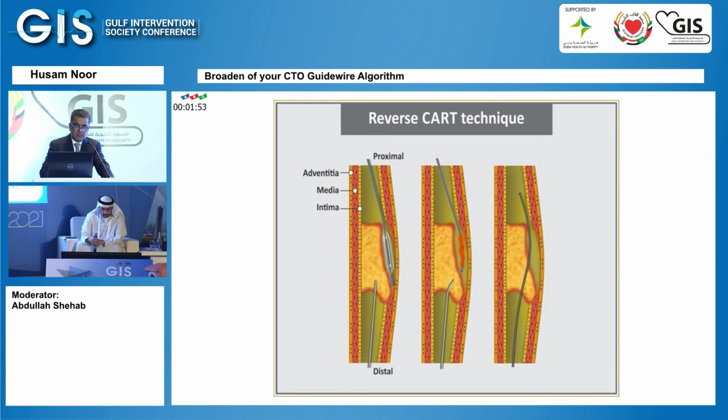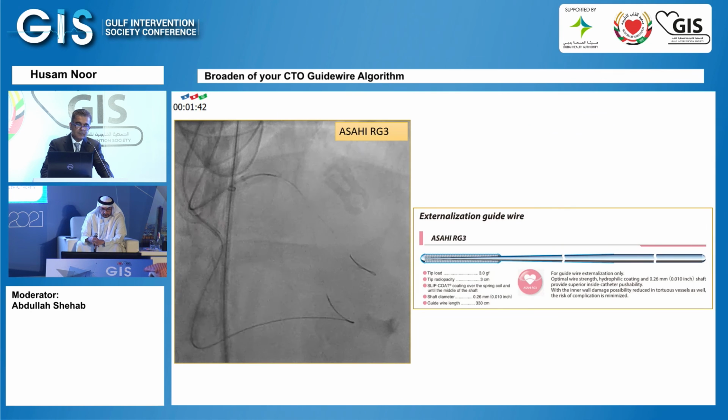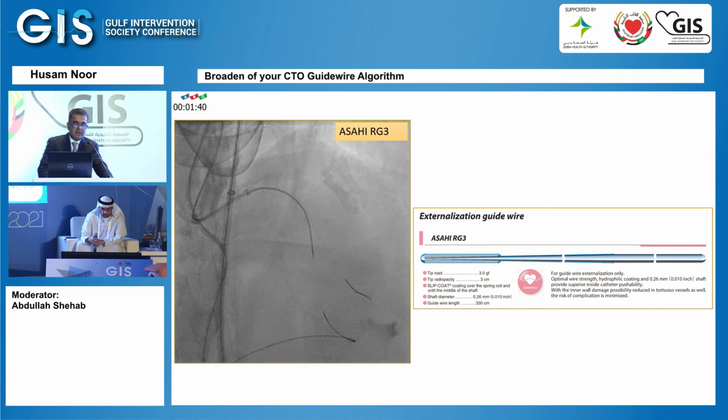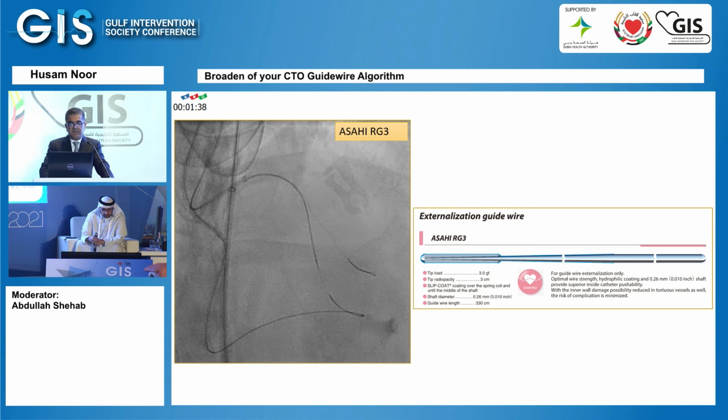Balloon proximal LAD, Gladius went in there, and you went back into the left main and the guide extension. So that's the RG3. RG3 is a wire dedicated for externalization. It's 330 centimeters, very tip load of 3, but the body is very soft.